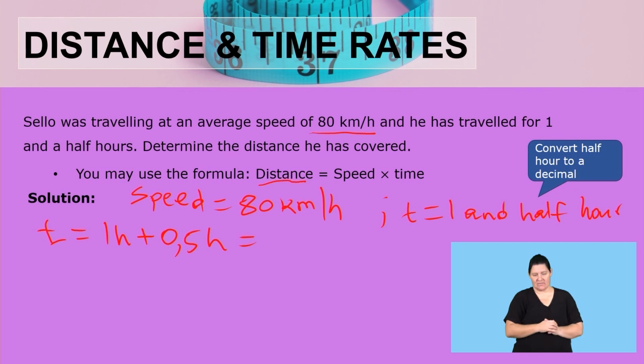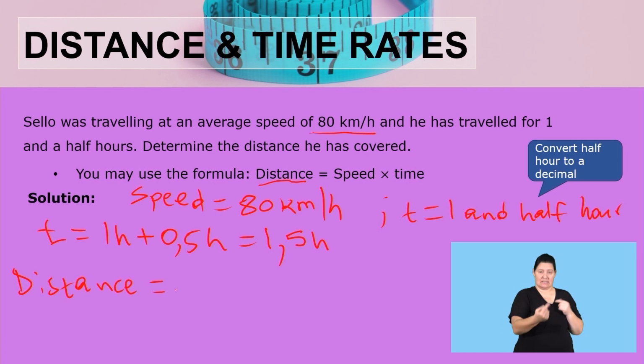You can as well press half on your calculator, 1 divided by 2, you will get 0.5. So your hours is 0.5 plus 1 hour. Then the total hours that we are having is 1.5 hours.